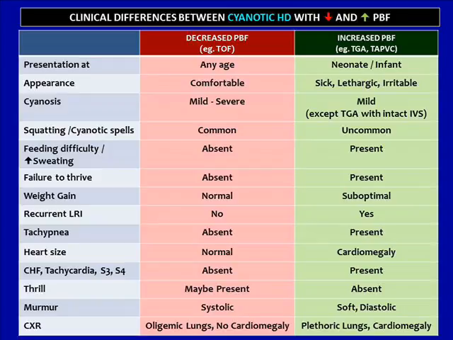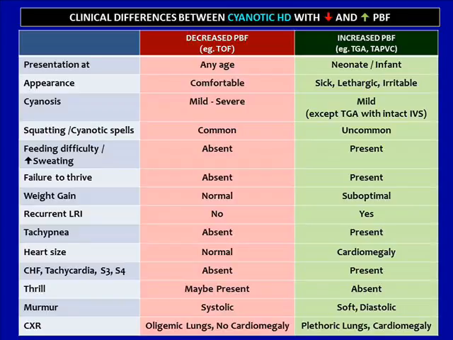Now, this is a very important slide showing the clinical differences between decreased and increased pulmonary blood flow in cyanotic heart disease. In decreased pulmonary blood flow, the classical example being tetralogy of Fallot, it can present at any age, appearing comfortable with cyanosis which can be mild to severe, squatting and cyanotic spells being common, and they are without any feeding difficulties or diaphoresis, and they thrive well with normal weight gain.